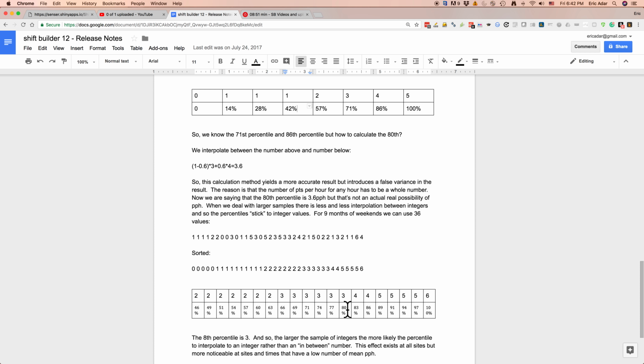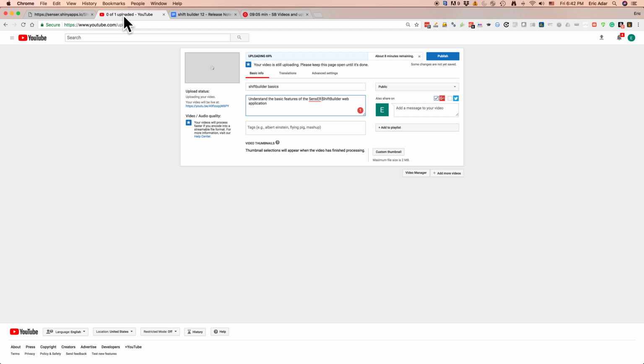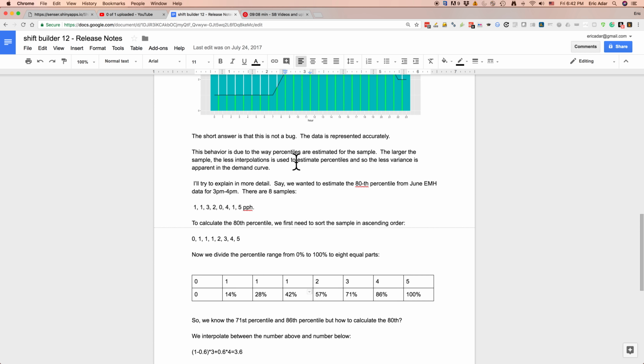The end result is that the more numbers you have, the longer the period of time you look at, the more likely you are to have a percentile that corresponds to a whole number.